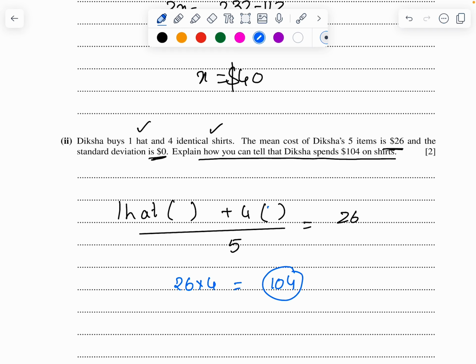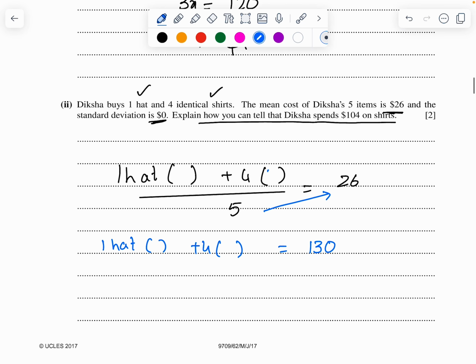Before doing that, I erase this part. Now I do the cross multiplication. So 1 hat cost plus 4 shirts cost should equal 130. Now 130 should be divided into 5 parts. Each one is 26.